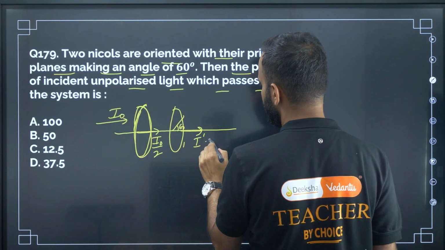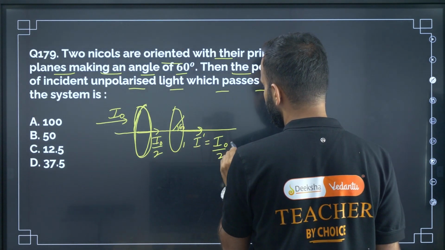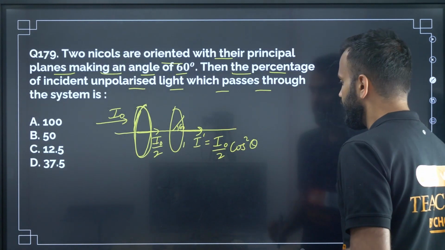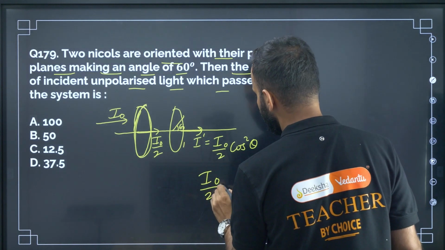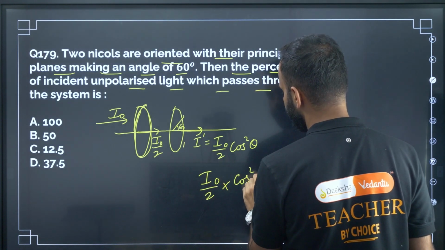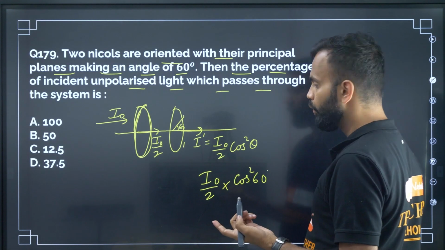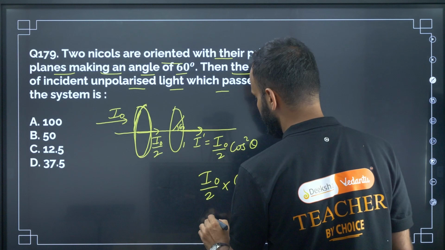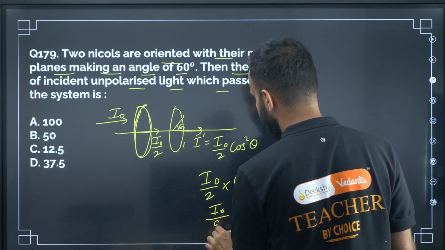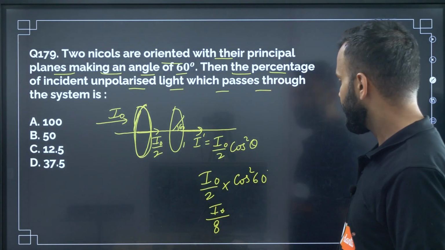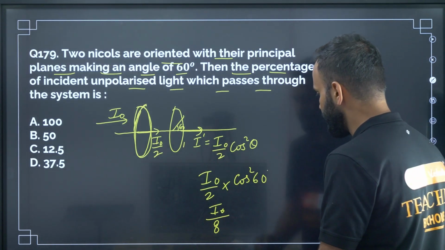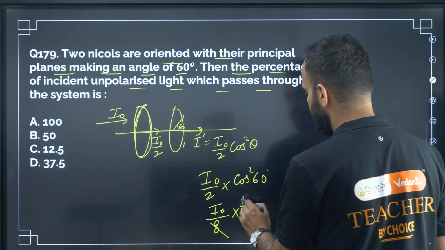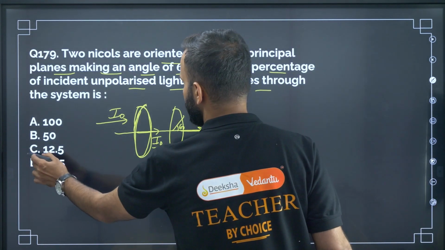The new intensity I dash is equal to I0 by 2 into cos square theta, by Malus law, where theta is 60 degrees. Cos 60 degrees is 1 by 2, so cos square 60 degrees is 1 by 4. So the intensity is I0 divided by 8. In percentage, multiplying by 100%, this will be 12.5. So the correct option is C.